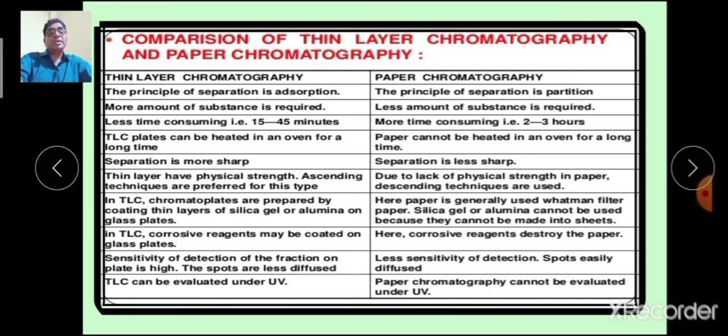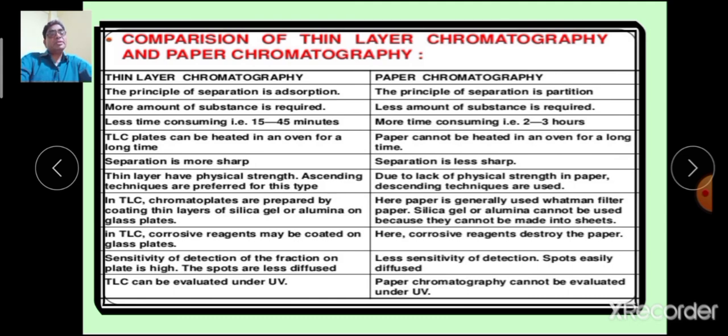The most important comparison is the more drastic conditions: concentrated reagents like sulfuric acid can be used in TLC, while in paper chromatography this is not possible. These are the comparisons between TLC and paper chromatography.